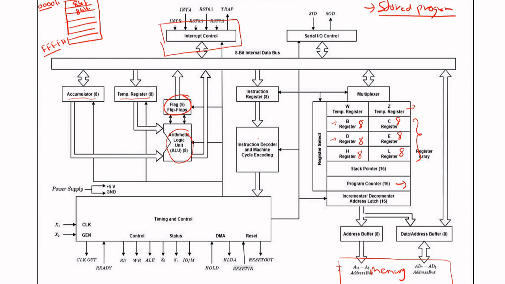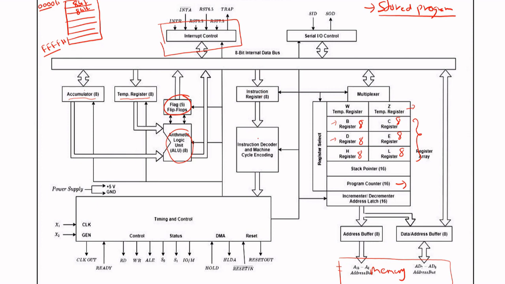So in that case, the microprocessor is supposed to halt its current operation and then basically respond to the interrupt generated by the keyboard or the externally connected peripheral to it here. Also, we have a serial input output control. This is basically provided for interfacing such peripherals that transfer or receive serial data.